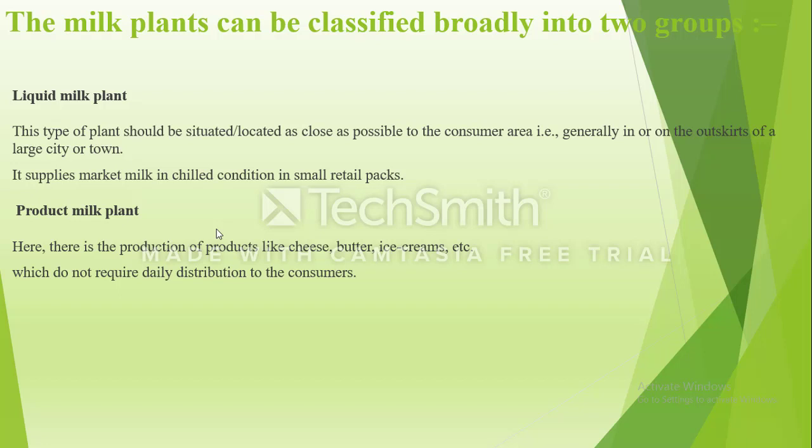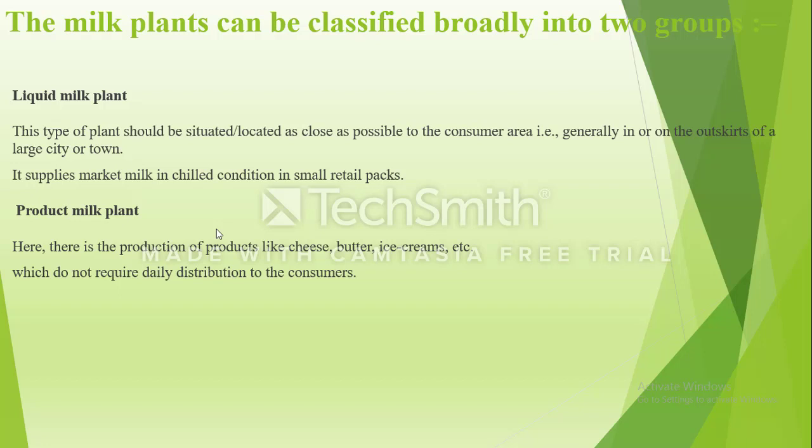A liquid milk plant should be located as close as possible to the consumer area, generally in the outskirts of a large city or a town. It supplies market milk in chilled condition in small retail packs. So we can say that the liquid milk plant is only for a small town.